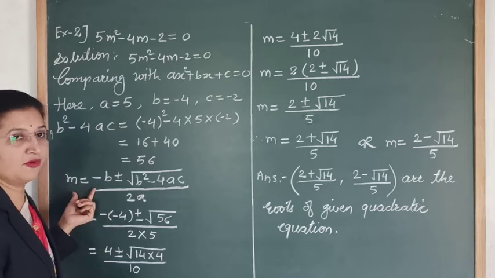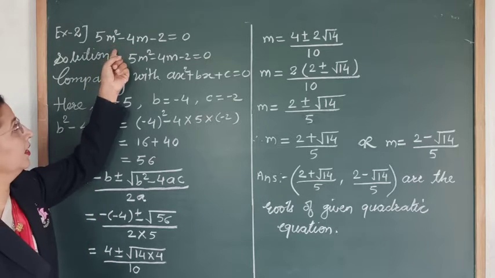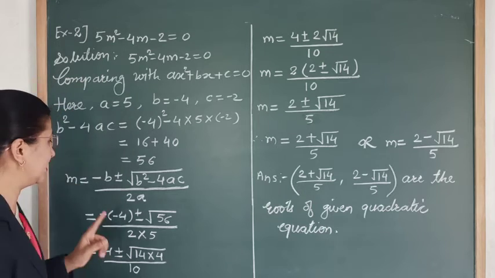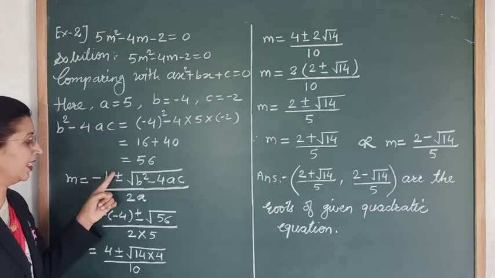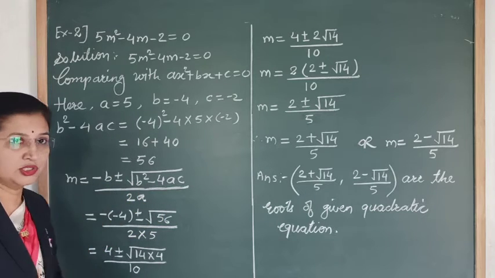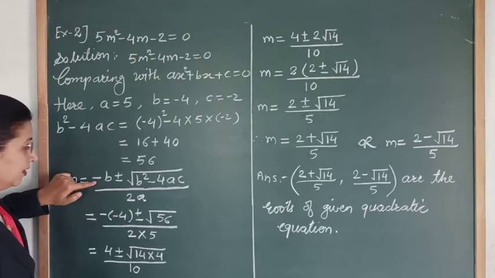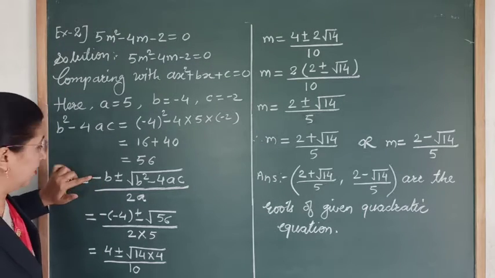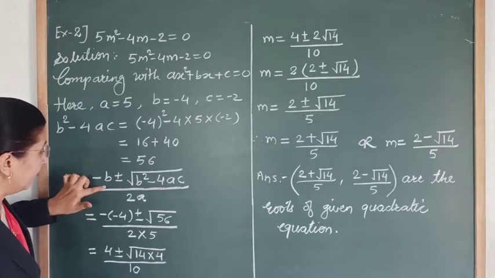Now let's write down the formula. Dear students, in the given equation we have the variable, that is m. So here we will say m is equal to minus b plus minus under root b square minus 4ac upon 2a. Let's put the value of b. So here this negative is the negative sign of the formula. So negative and value of b.